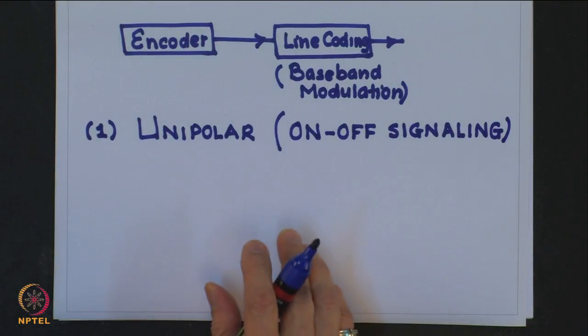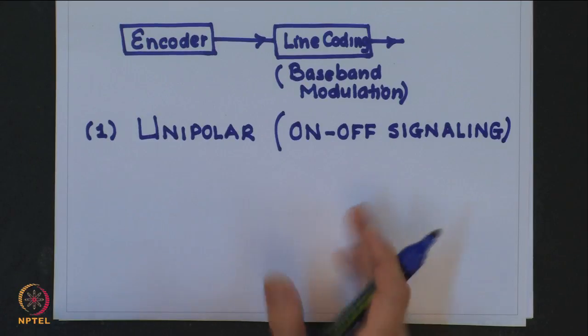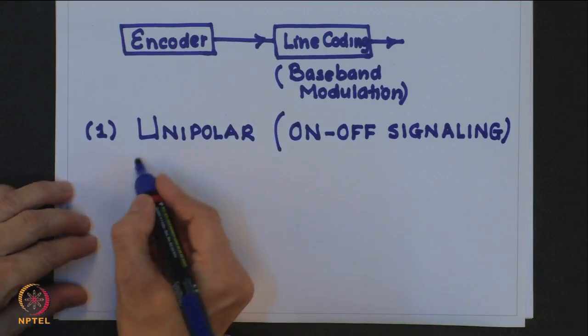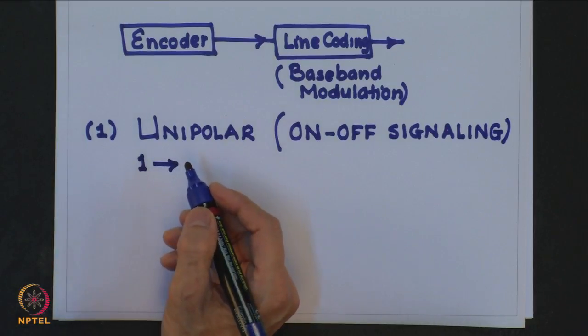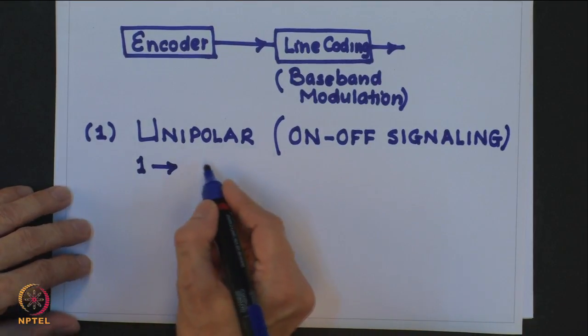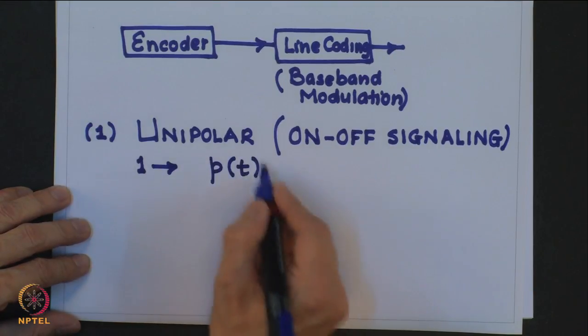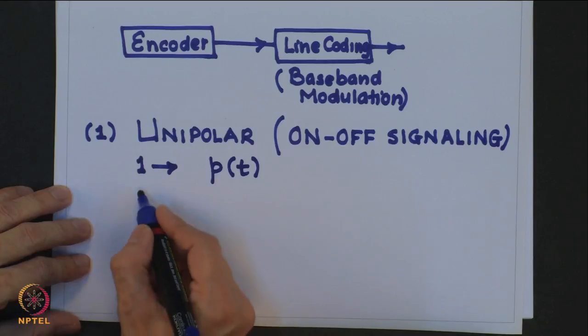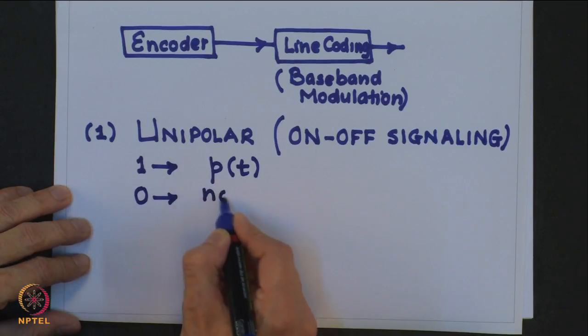So, in this format, symbol 1 would be transmitted using a pulse, say PT. This PT is a generic pulse, and for symbol 0 there is no pulse.